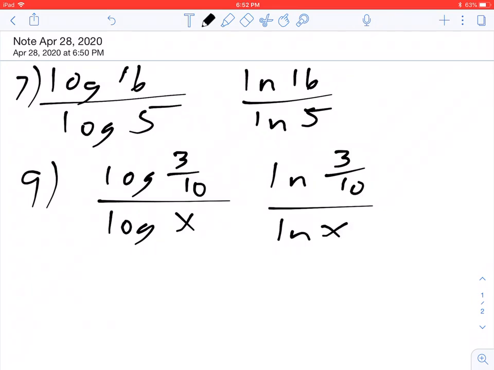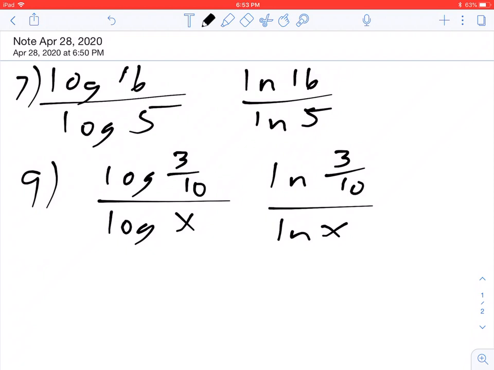Now for number 11, it said evaluate the logarithm using the change of base formula and round your answer to the nearest tenth. So for that, I'm just going to need to get a calculator. Unfortunately, I'm having issues with my connectivity between my iPad and my laptop, so I am not going to be able to show you work on my laptop while I am completing the homework.